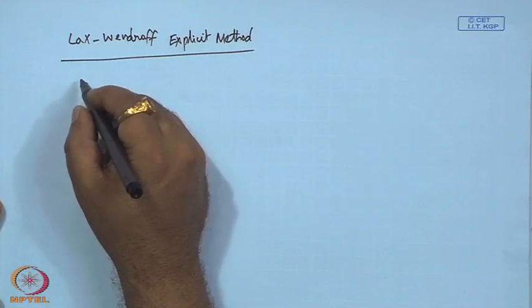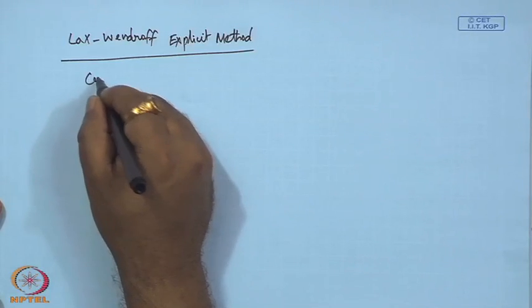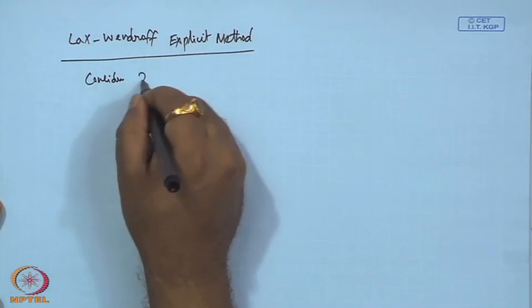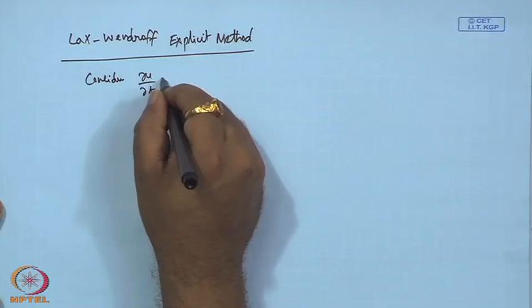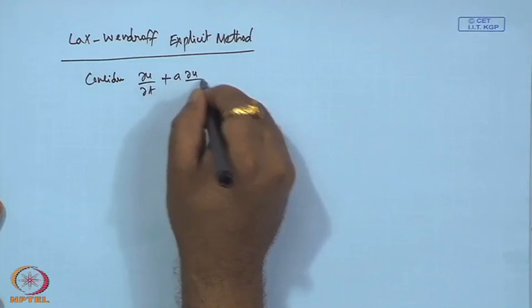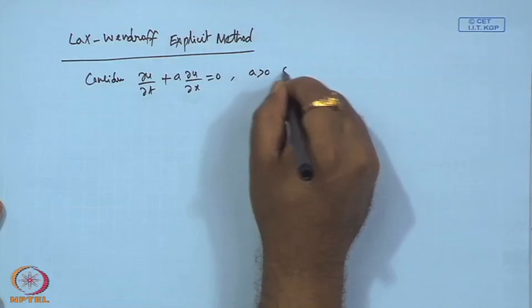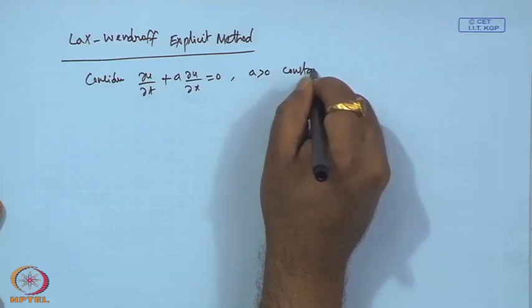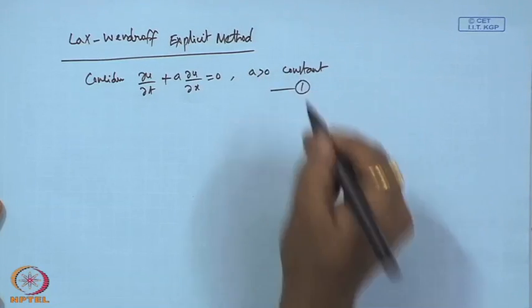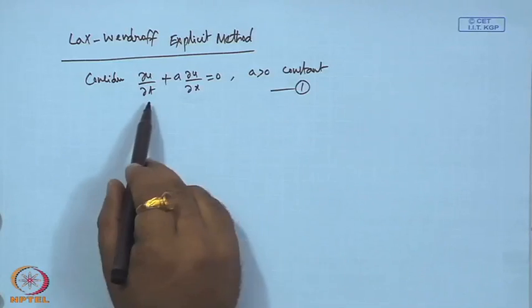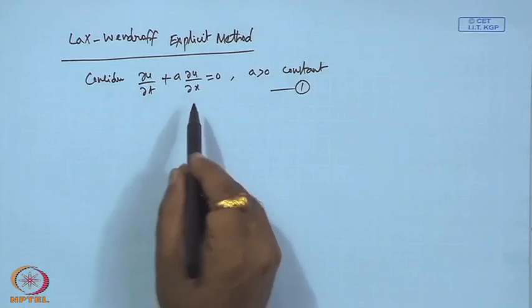So, what we are doing, consider constant. So, now we would like to get an explicit approximation for this.